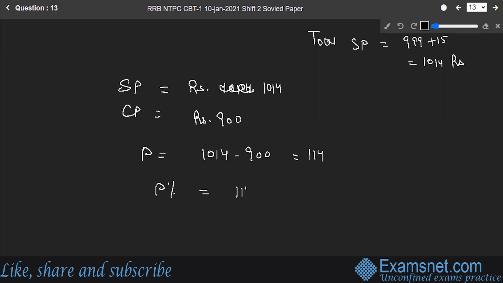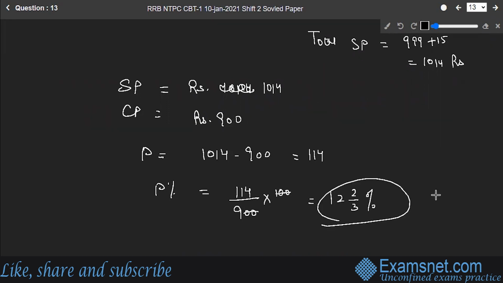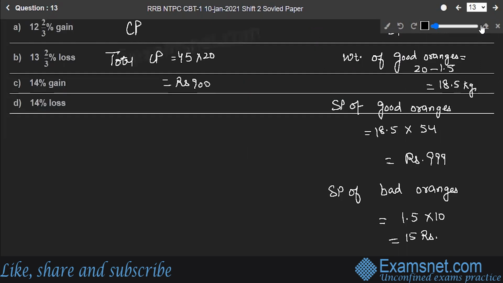Profit percent is 114 upon 900 multiplied by 100. These will cancel out. And on solving this whole, you will get the profit percent as 12 2/3%. So this is net profit percent 12 2/3%. Option A is the correct answer.